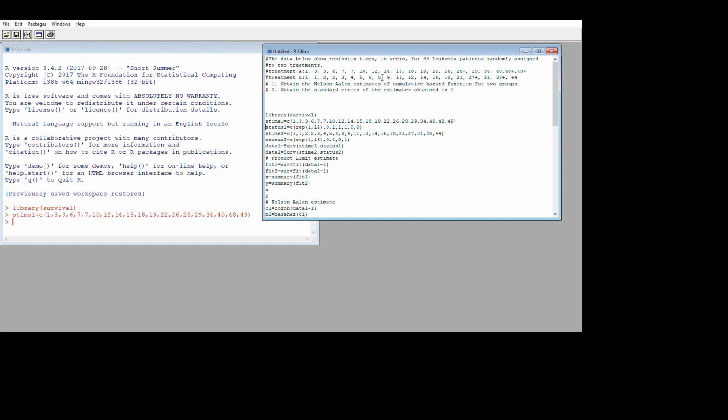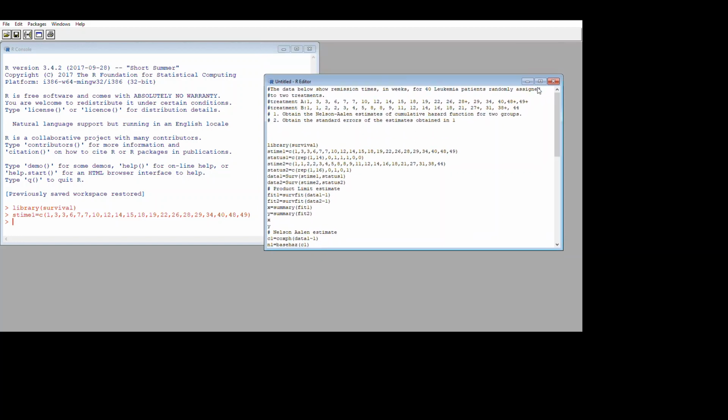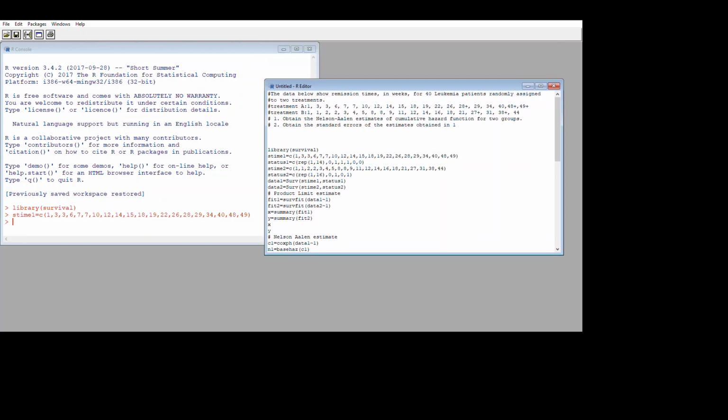So for treatment A, the first 14 observations are exact, and then we have a censored observation, again an exact observation, and at last we have two censored observations. So we write status 1 as c of repetition of 1, 14, that is, the first 14 observations are exact.